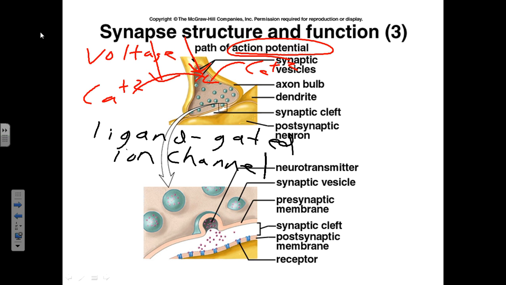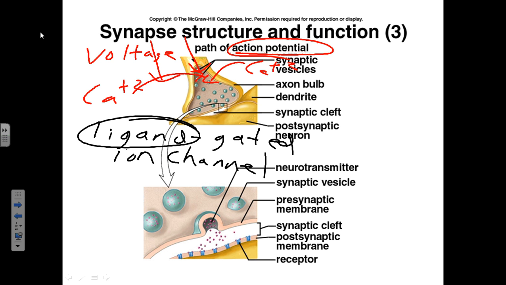A ligand-gated ion channel. Now in this example, the ligand is what? The neurotransmitter. And once they bind here to these receptors, these ligand-gated ion channels, what's the message to the channel? What happens after a receptor and a ligand get together? Conformational change.